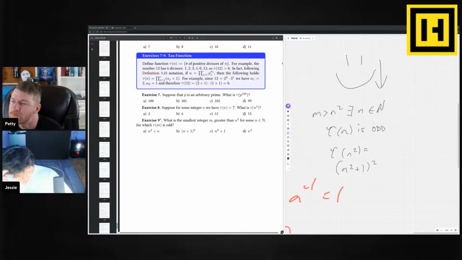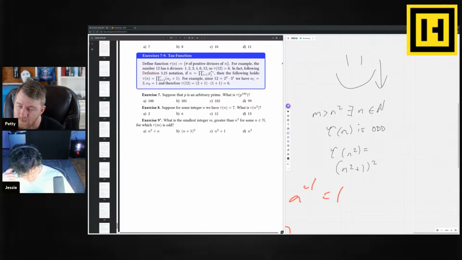I'm trying to apply the same approach from exercise 8. So we had tau of n equal to 7, and then we found alpha sub j was 6. So if we have tau of m is odd, and m is the smallest integer greater than n squared, can I just say n squared?